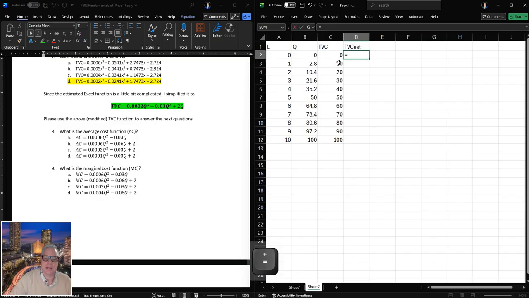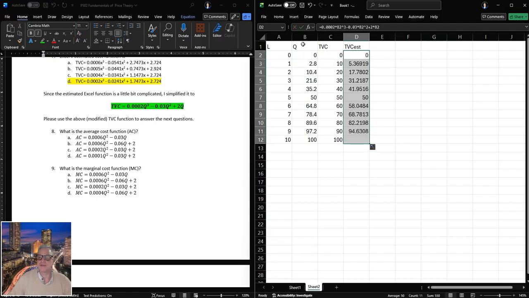So we just say equals 0.1232 times Q cubed minus 0.03 times Q squared plus 2 times Q. So this is the estimated.